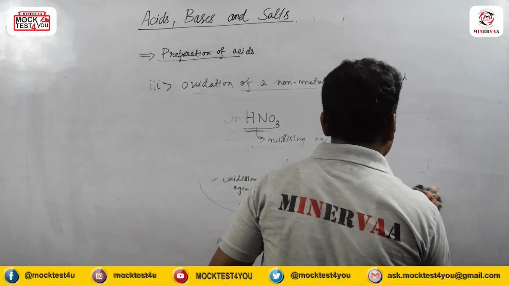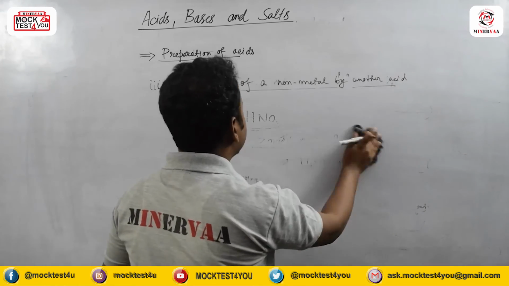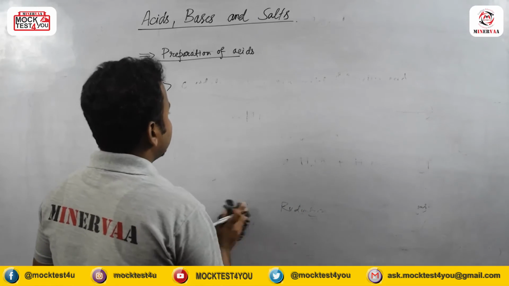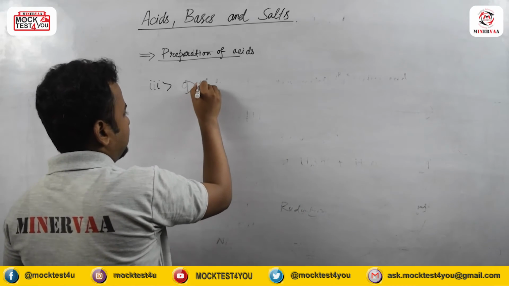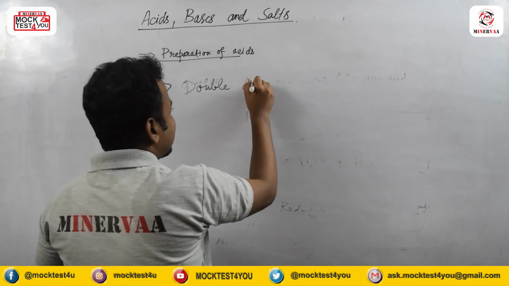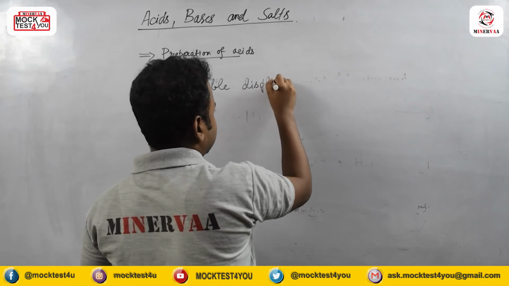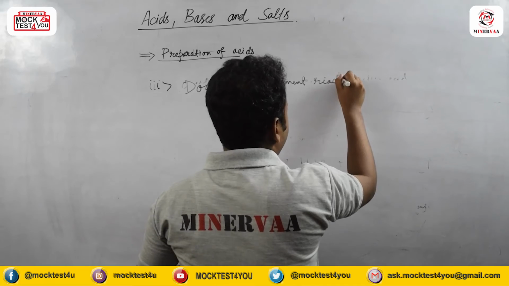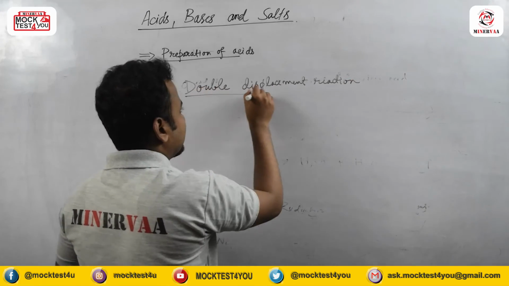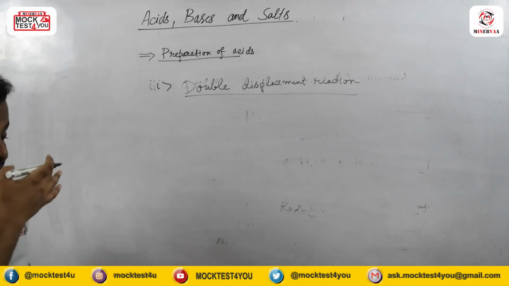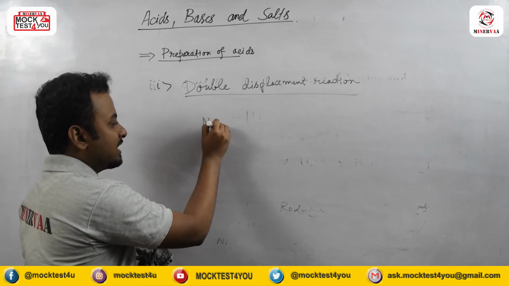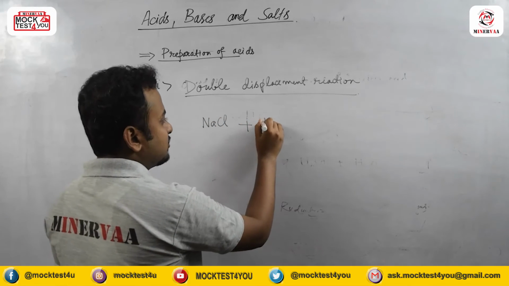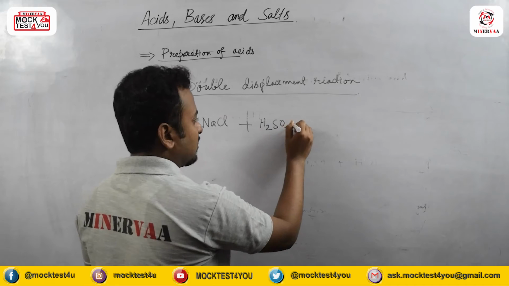Now we'll see the fourth method of preparation, that is double displacement reaction. By double displacement reaction, acid can be prepared, right? Suppose you take a salt, NaCl, plus H2SO4.